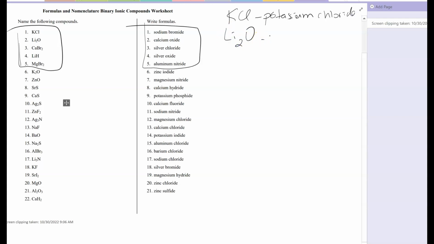Li2O, it doesn't matter for our purposes right now for naming part that it's a 2 there. It's still lithium. And then oxygen becomes oxide. Number 3, CaBr2, it's going to be calcium bromide.